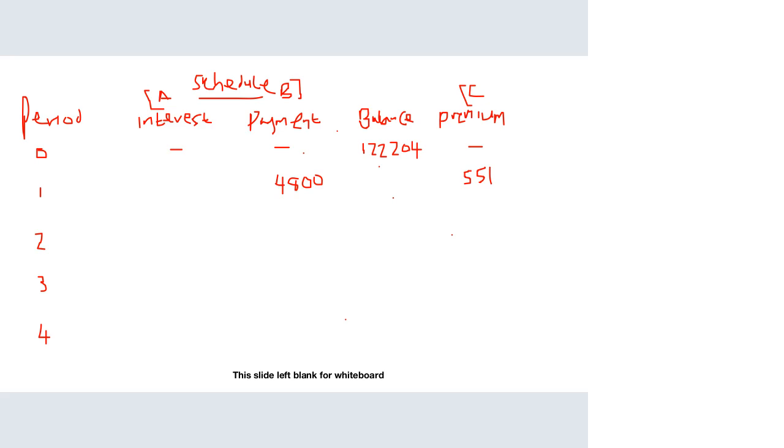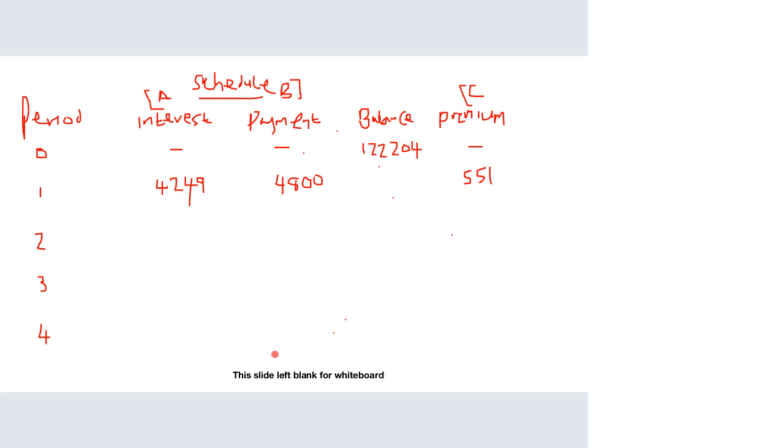Okay, thank you. 4,249 as our interest. I hope all of us have seen how we got that. So we have just subtracted the premium for that year one from the payment to get the interest, which is 4,249.